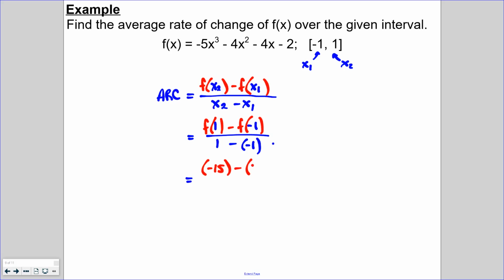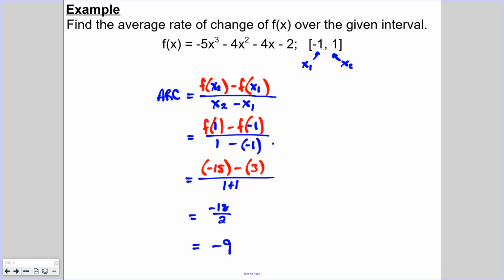F of negative 1 is 3. That's all over, well, 1 minus a negative 1 will change into 1 plus 1. And we can continue simplifying this to get negative 18 over 2, which is going to give us a final average rate of change of negative 9.